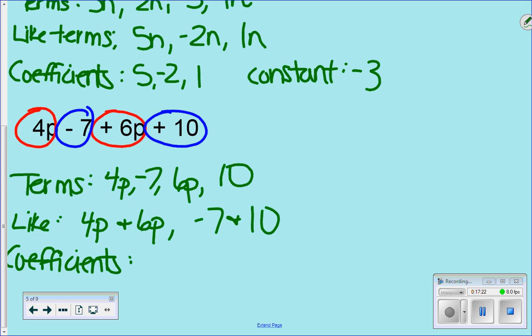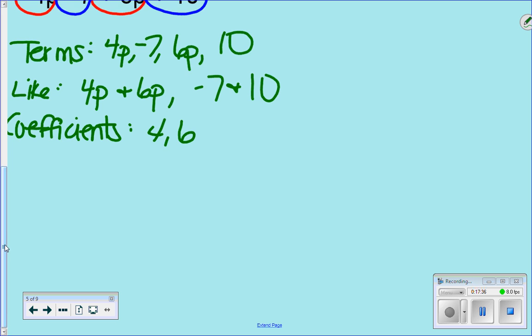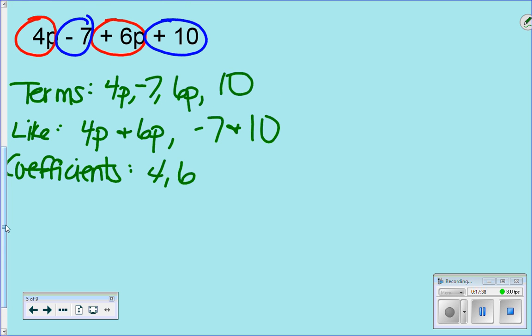What are my coefficients? Anybody got a guess? 4 and 6. Nice job. Yes, very good. My constants. Very good, Jacob.